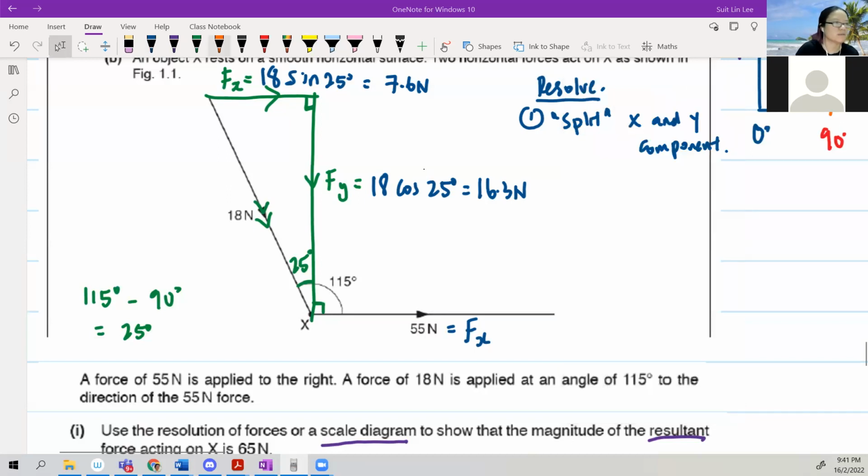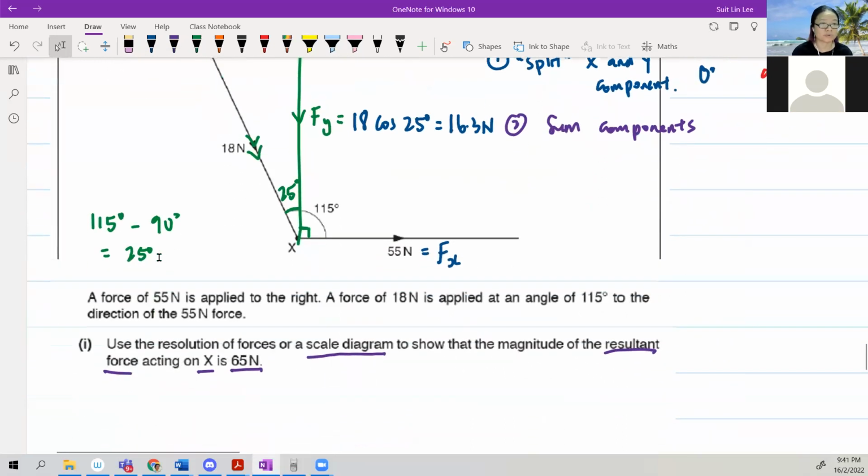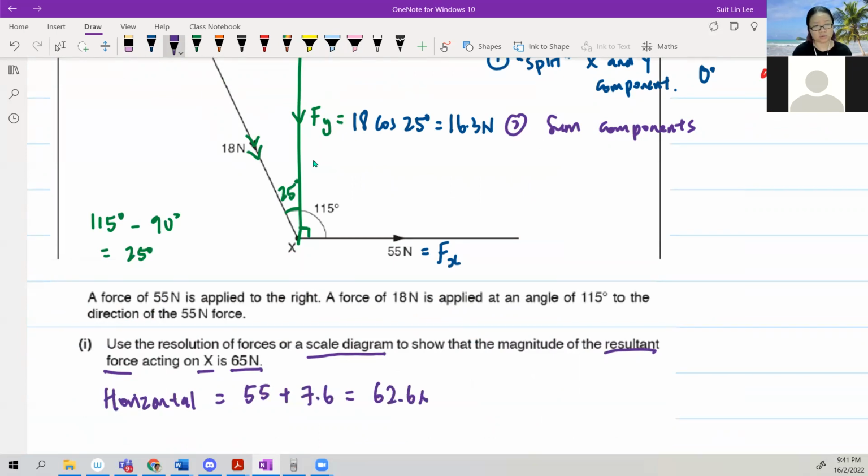All right, so once we split, step 2, we will sum the components. And I will show step 2 as part of my working. Obviously my horizontal component, Fx, will be equal to 55 plus your 7.6, which is 62.6 Newton.